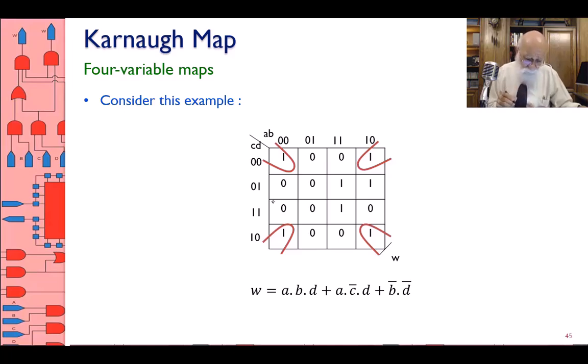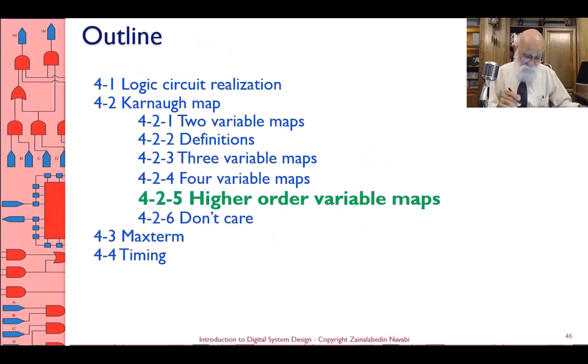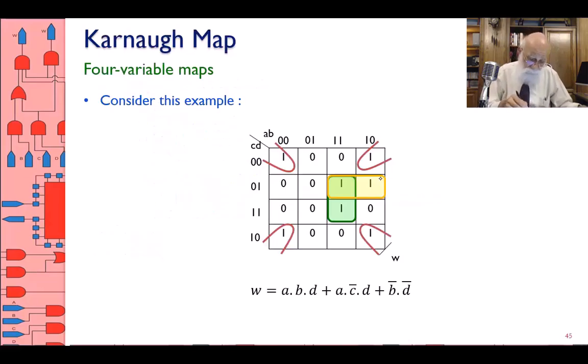Let's see what else we have here. We have this one. We have this one. Do I have any more prime implicants? Yes, I do. Here, this is also a prime implicant. Do I have any more prime implicants? No, I don't have any more prime implicants.